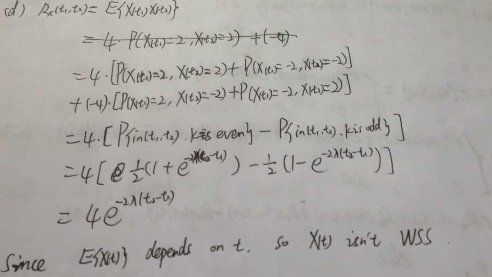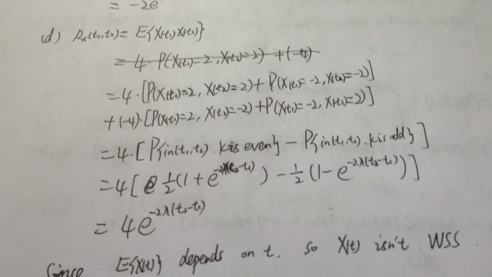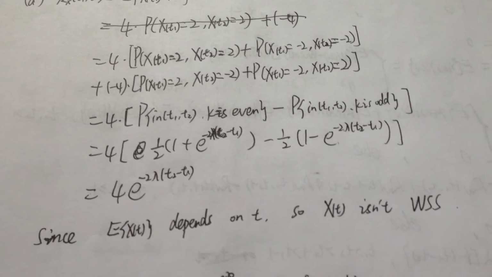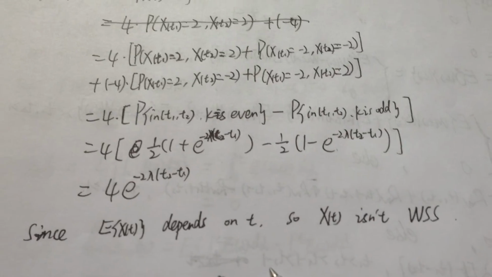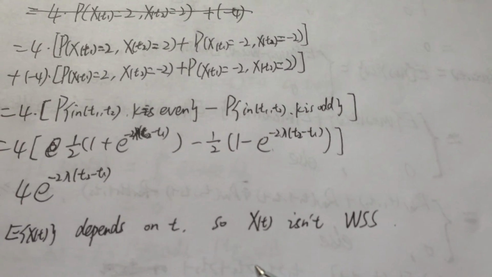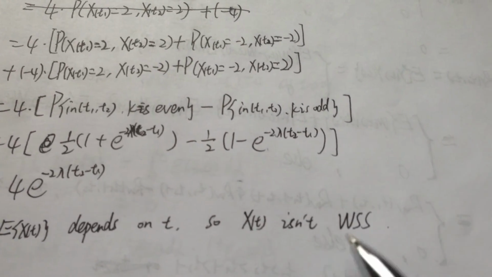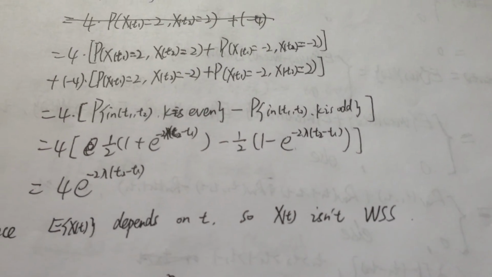We can see that it's a function of t1 minus t2, right? But since the expected value of X(t) depends on t, that is, it's not a constant, we say that X(t) isn't a wide-sense stationary process. Thank you.